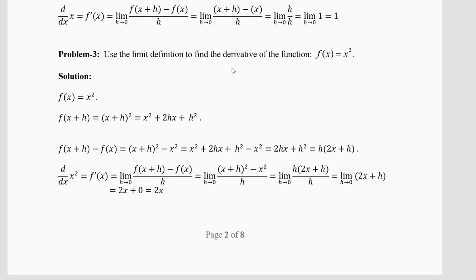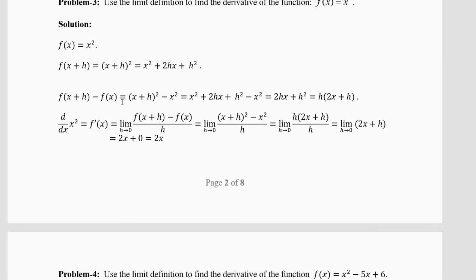Use the limit definition to find the derivative of the function f of x equal to x square. F of x equal to x square, f of x plus h is x plus h whole square, which is equal to x square plus 2hx plus h square, open the bracket. Now subtract, you will get 2hx plus h square. You can take h common, you will get h into 2x plus h.